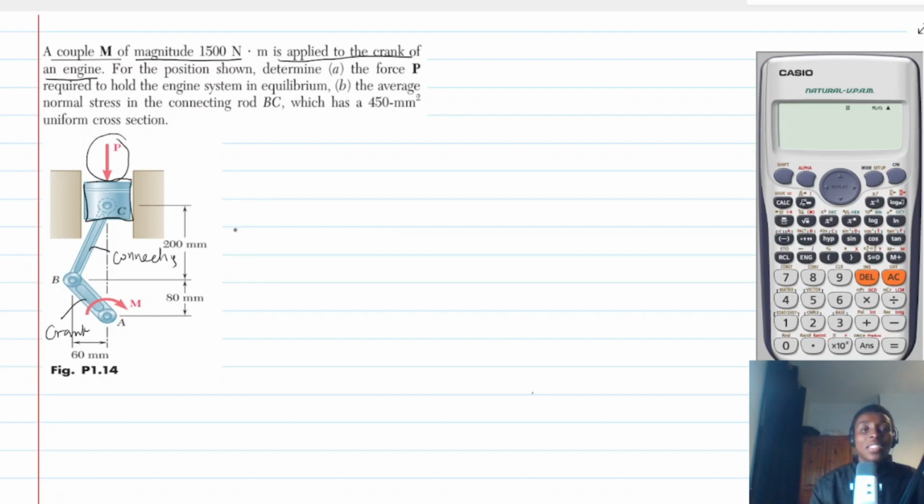Okay. But let's focus on the statics behind this. So we want to draw a free body diagram. Okay. So now if you draw a free body diagram, this is what you are going to see. We have a cylinder here.